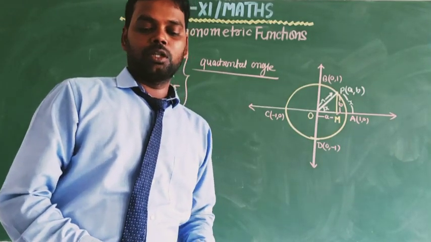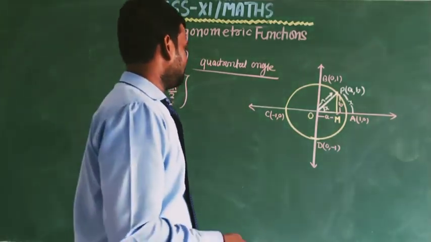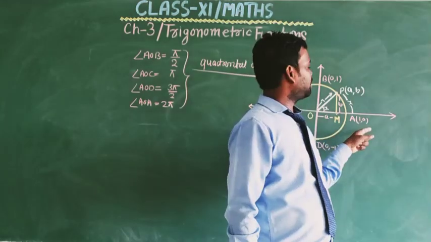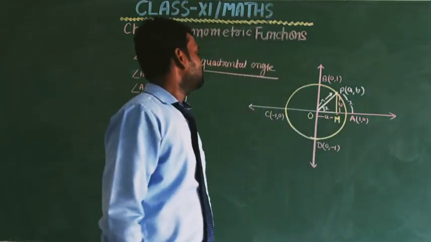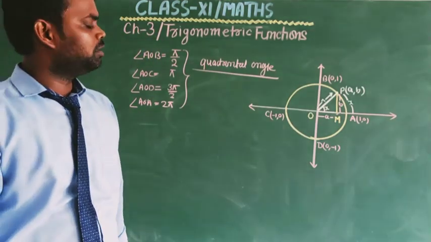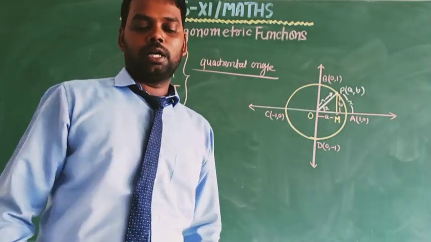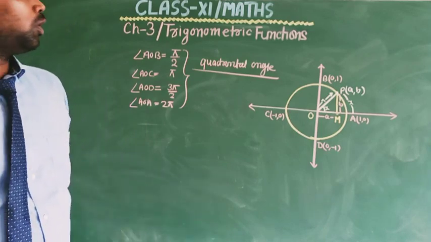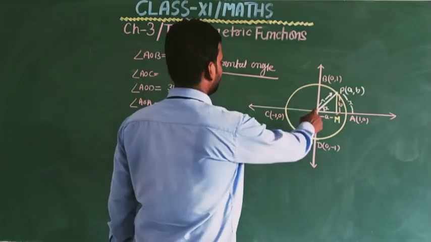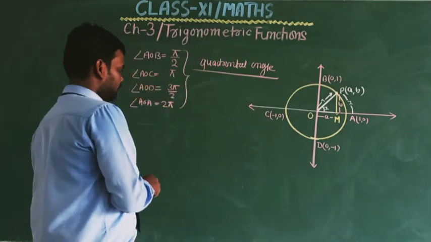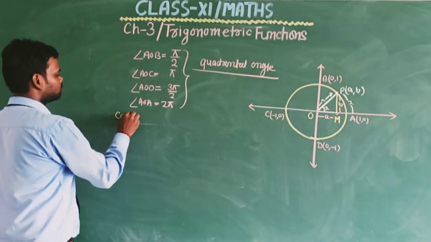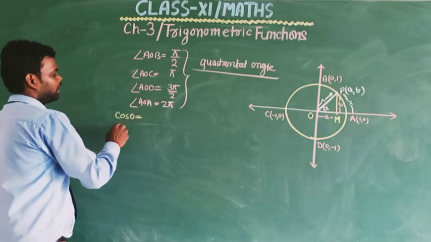And the coordinates here we can also see: the coordinate of A is (1, 0), B is (0, 1), C is (-1, 0), and D is (0, -1). Okay, so therefore we have four quadrantal angles here.